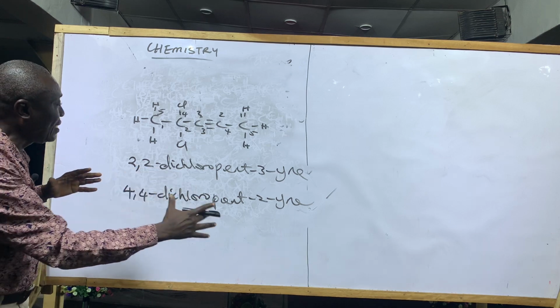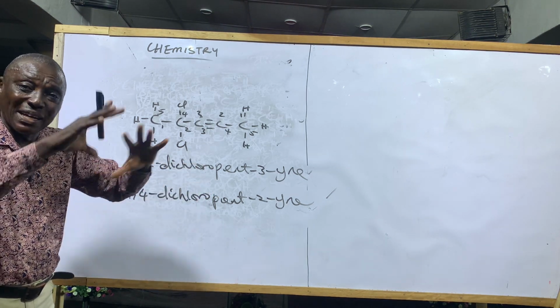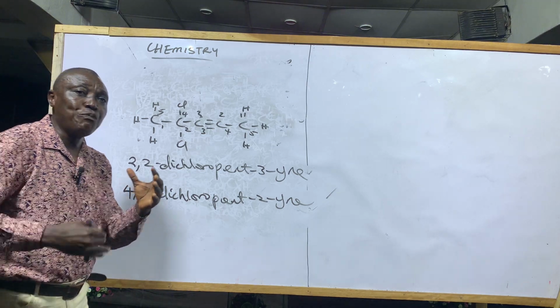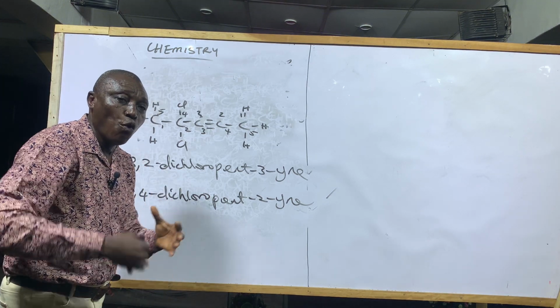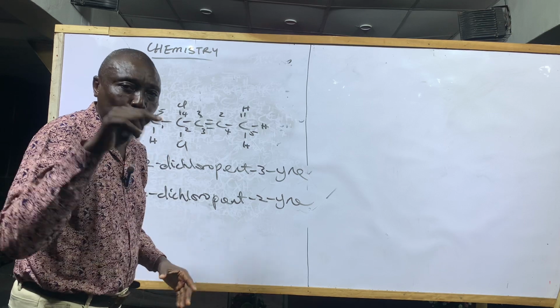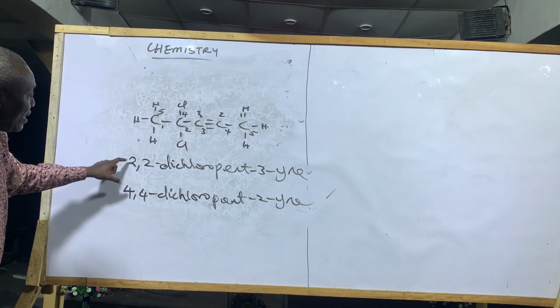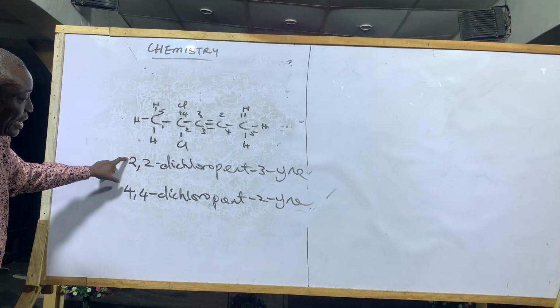because when the functional group and the substituent are at play in a particular compound, the functional group takes preference over the substituent. Like in this case, the substituent is having the lowest digit here.